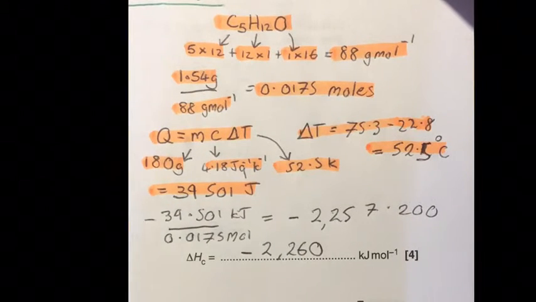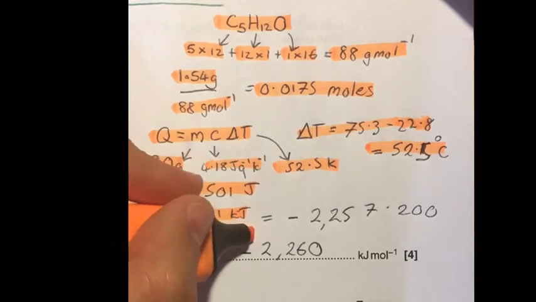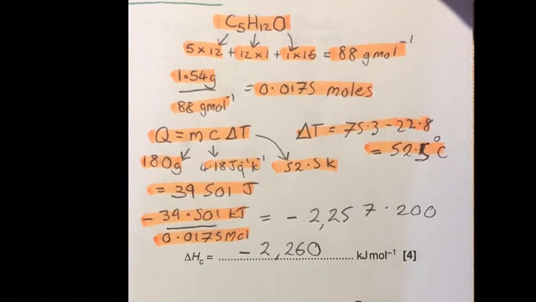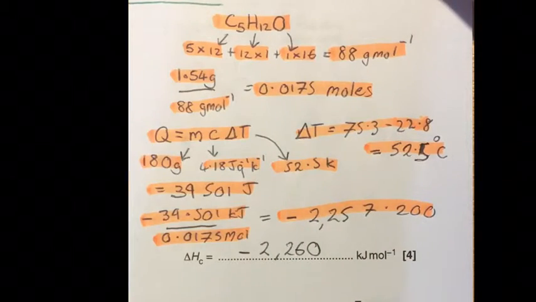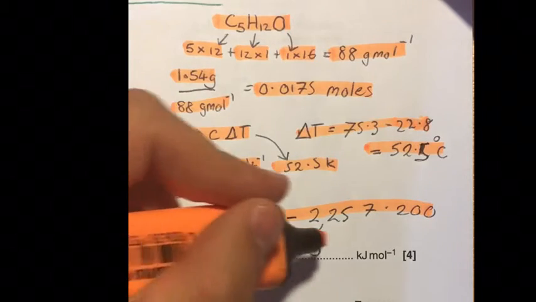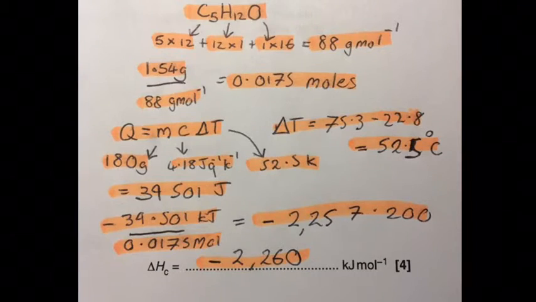This gives us the total energy absorbed by the surroundings as 39,501 joules, so we know the chemicals gave out 39.501 kilojoules. If we divide this by the amount of moles we calculated earlier, we get the final answer of the enthalpy change of combustion of minus 2,257.2 kilojoules per mole. Remember to round your answer to 3 significant figures as you were asked in the question.